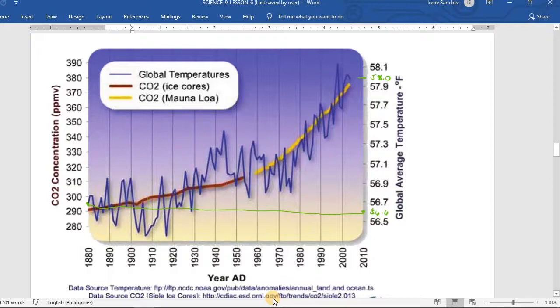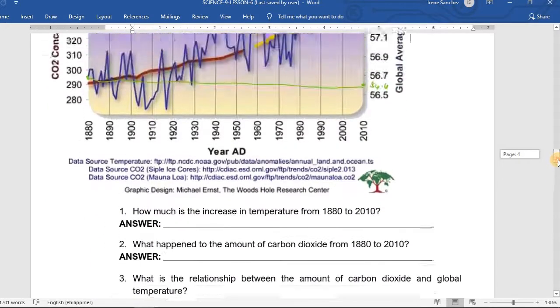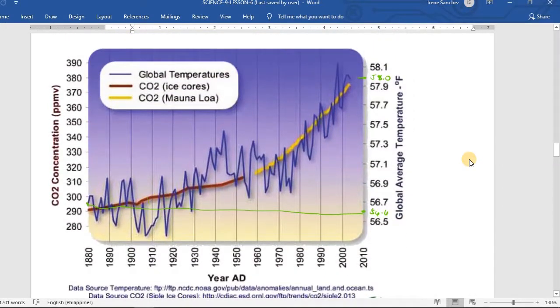The question is, what's the increase? It rose from 56 to 58. To find out, you just subtract 56.6 from 58.0. How much is it?